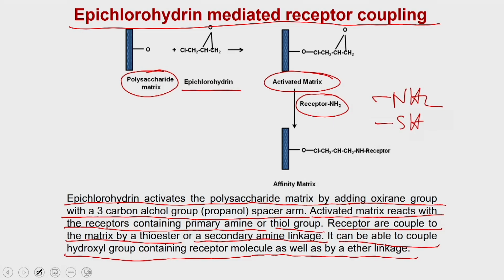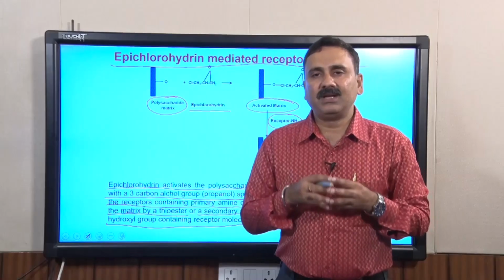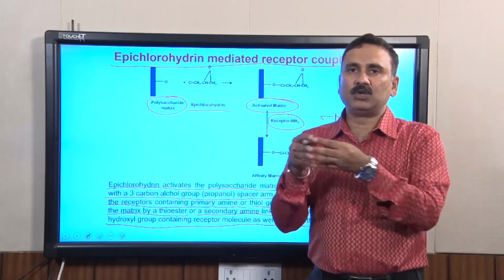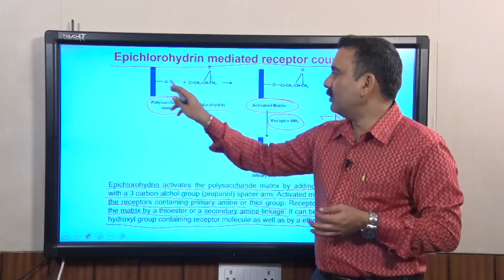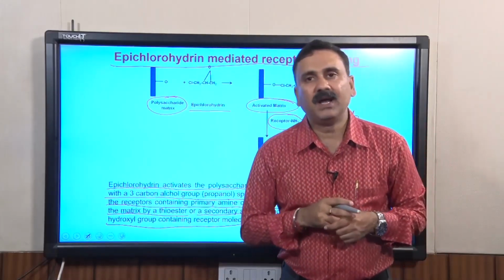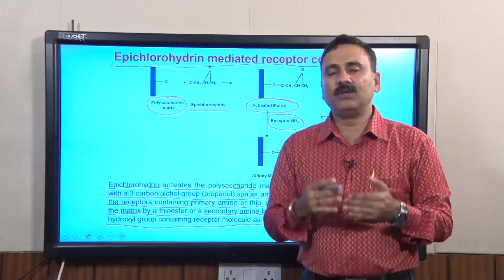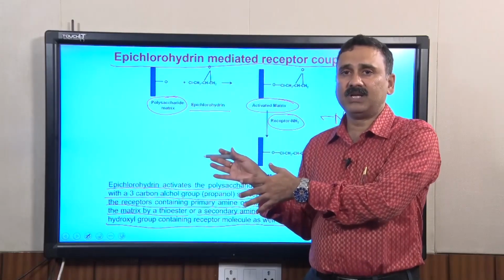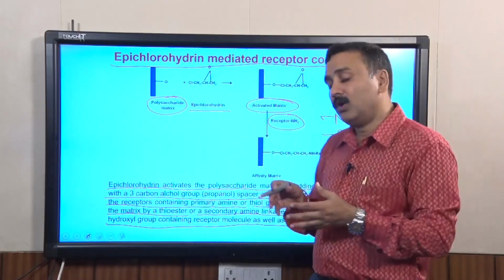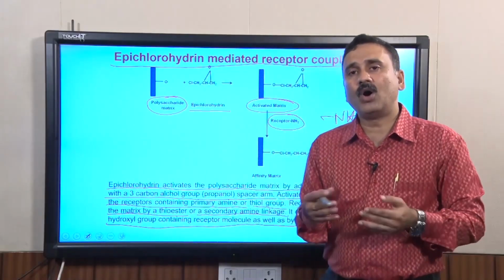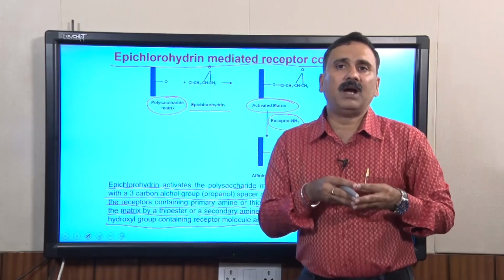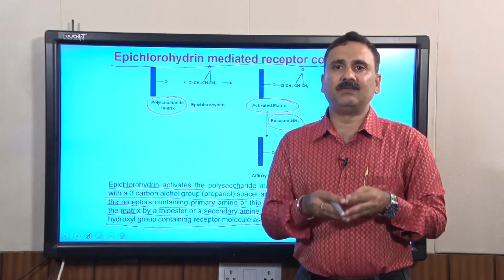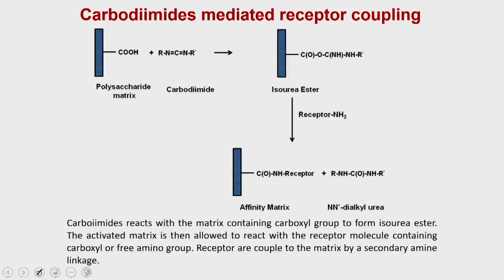So, when you are using epichlorohydrin as an activating agent, you are mostly activating the polysaccharide matrix, and that will allow the addition of primary amine containing proteins or thiol group containing proteins, or sometimes you can use hydroxyl group containing proteins as well for linkage.